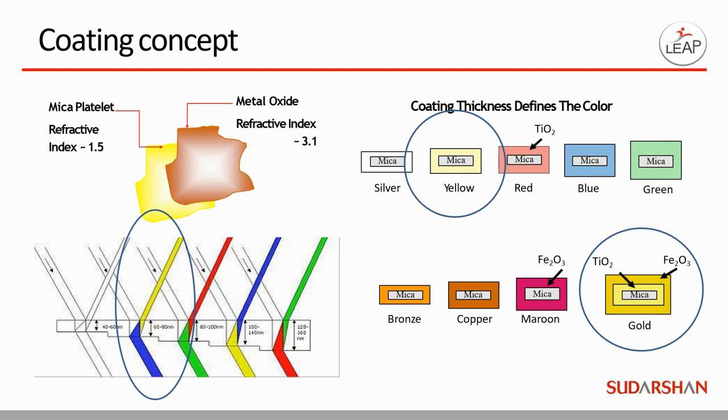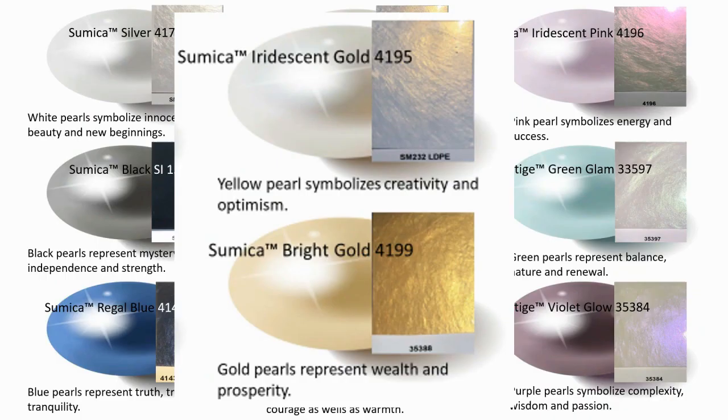And it's those two thicknesses that dictate what ultimate color you will get. So the Semica 4195 is the iridescent. The Semica Bright Gold 4199 is a nice rich gold.